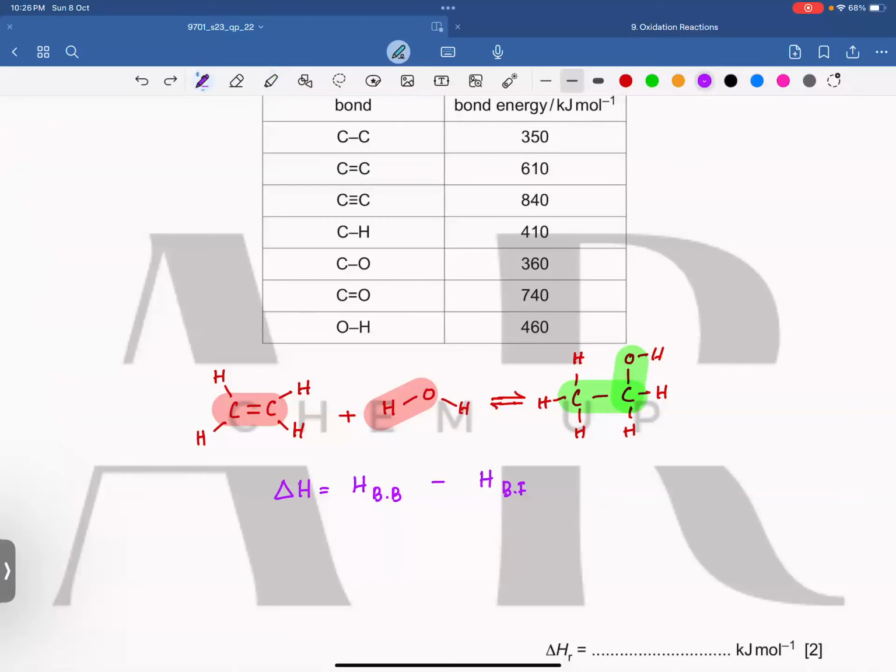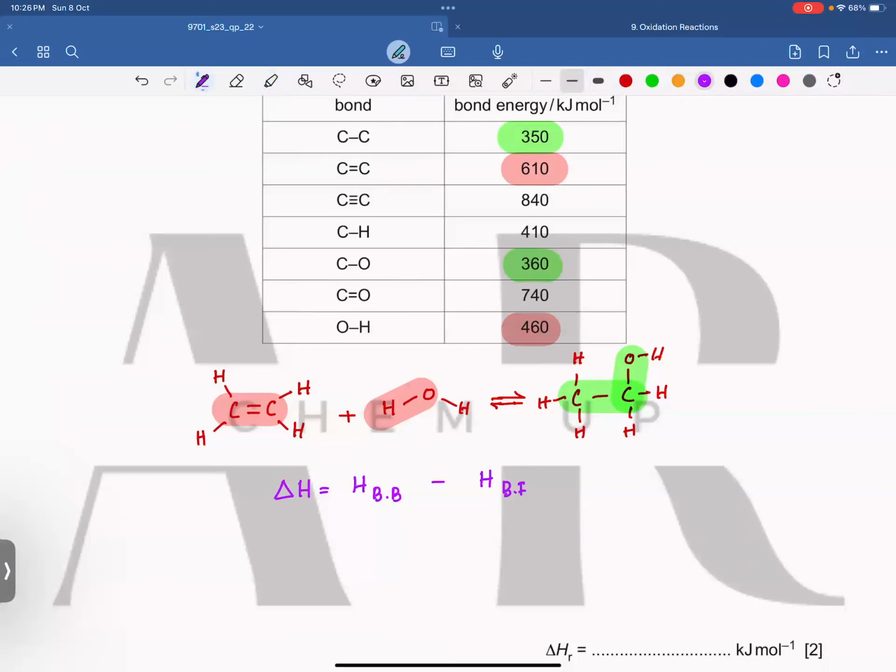So what we have to do is take the bond energies for the bonds broken, this one and this one, and for the bonds formed, this one and this one.